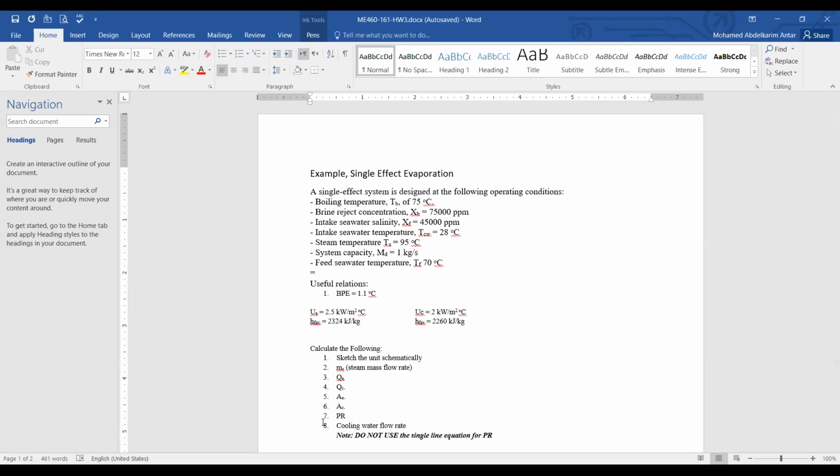So typically, these are the kind of questions that we ask when presenting or analyzing a single effect evaporation. I'll put this statement of the problem in Blackboard after the class. And now we need to go through the solution.